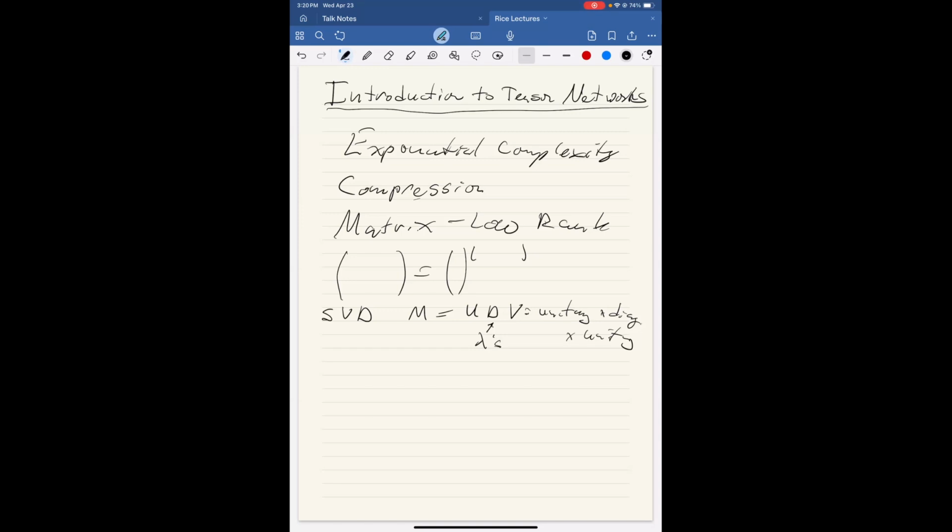This is the heart of tensor networks: there are hidden low rank matrices throughout, and they allow us to compress things, and then we need to be able to work with things in this compressed format.